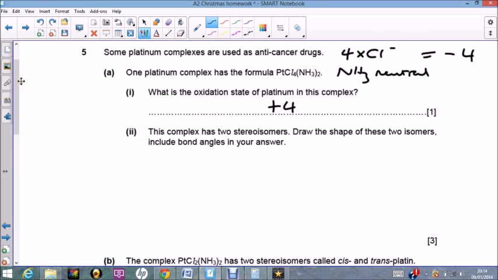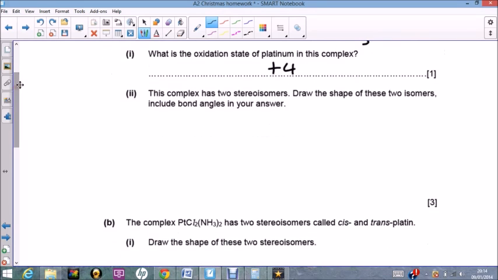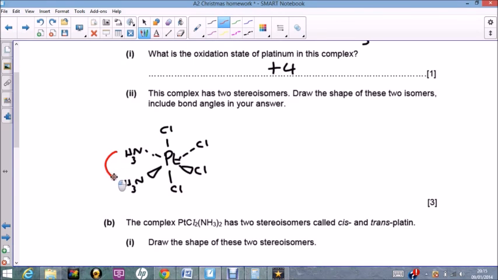Now it says this complex has 2 stereoisomers, so we're going to draw the shape of these 2 isomers. So we've got platinum with 6 ligands around it, so therefore it's going to be octahedral. That would be 1. You can see that the 2 similar groups here are 90 degrees apart, so this would be cis.